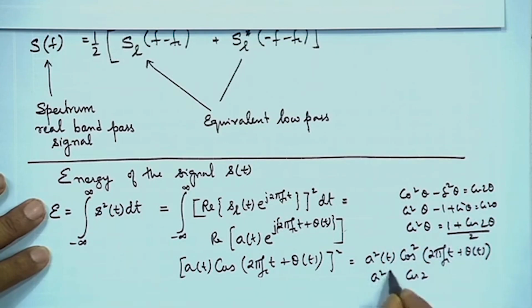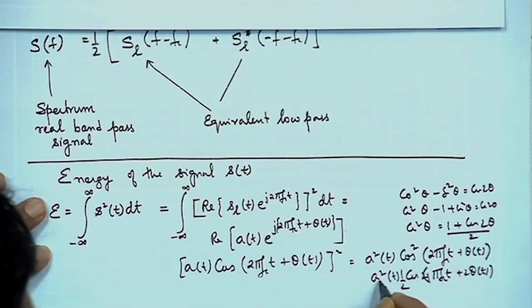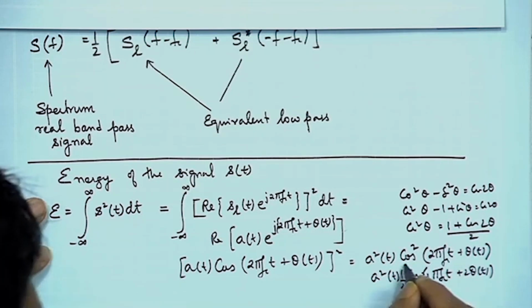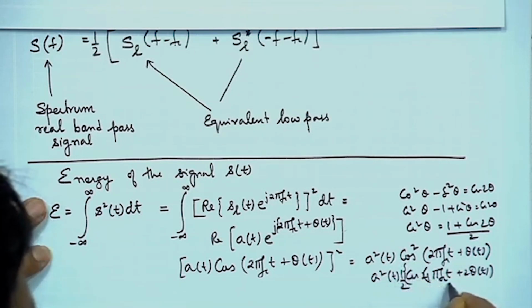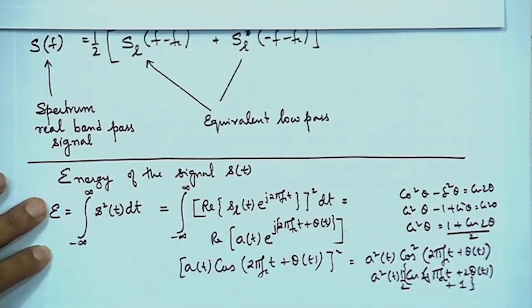So, you are going to get A squared of t, half, times 1 plus cos of 2 multiplied by the whole thing, that is 4 pi f_c t plus 2 theta(t). So, this is what you are going to get inside.